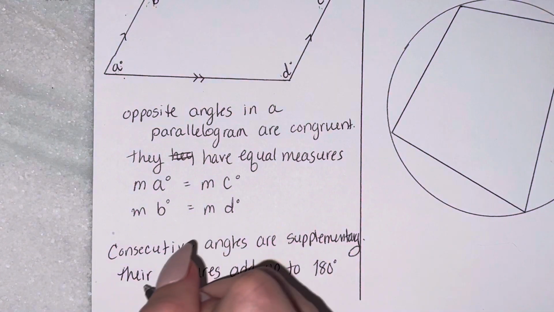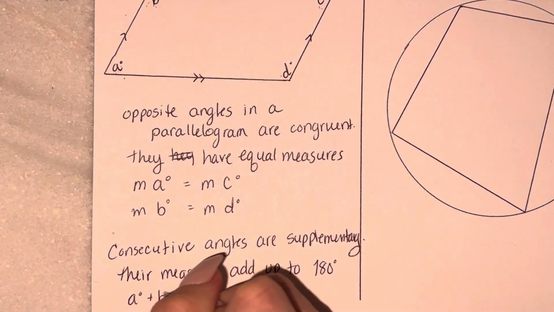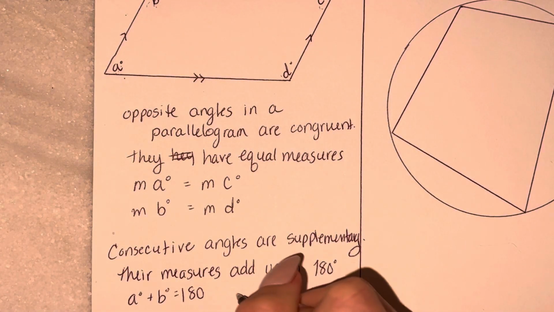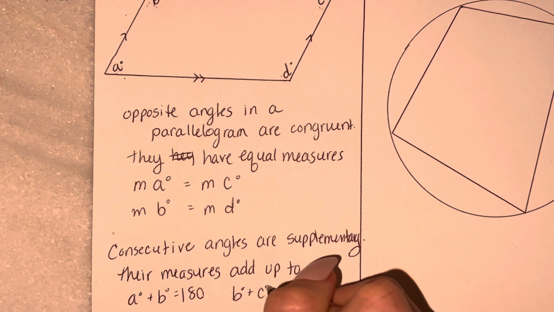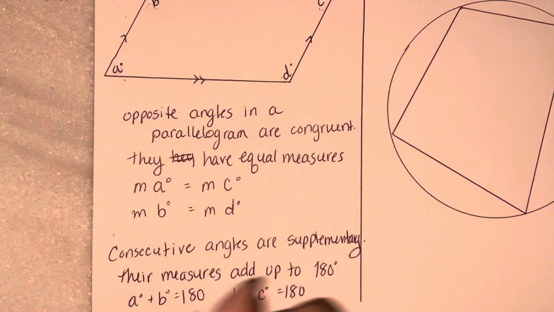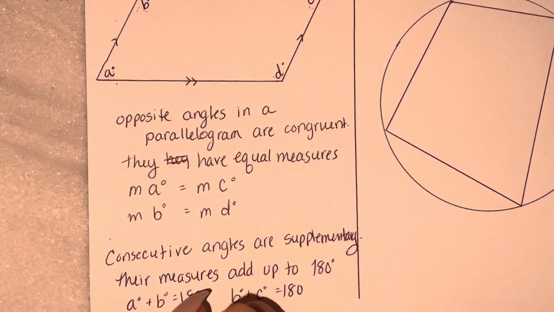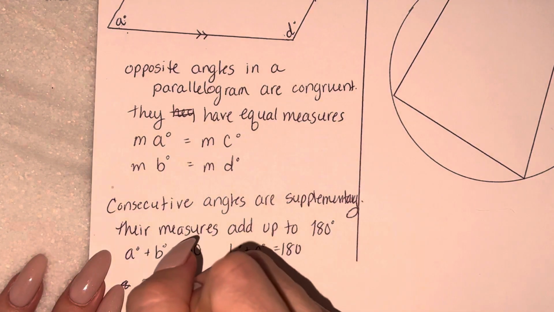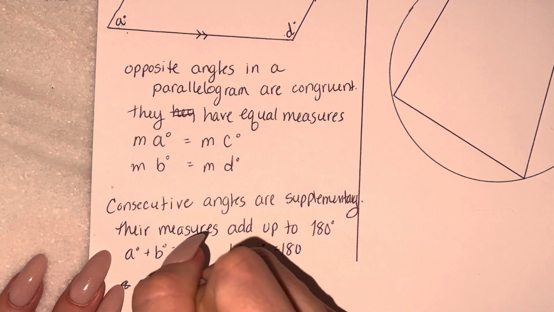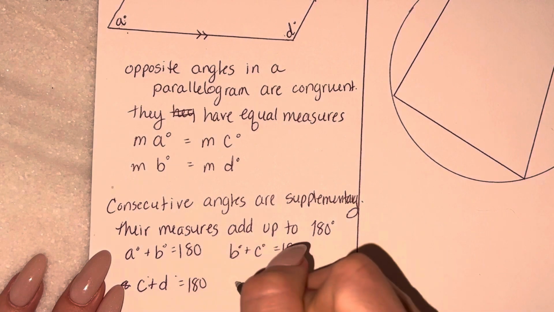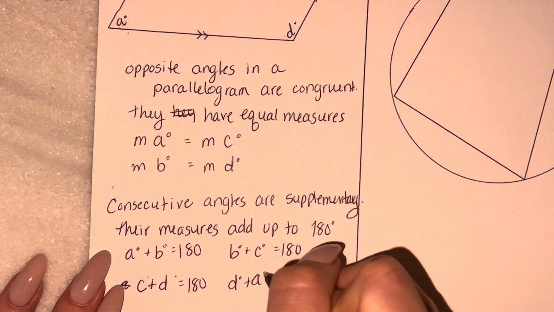So I'll write that here. So A plus B is 180, B plus C is 180, C plus D is 180, and D plus A is 180.